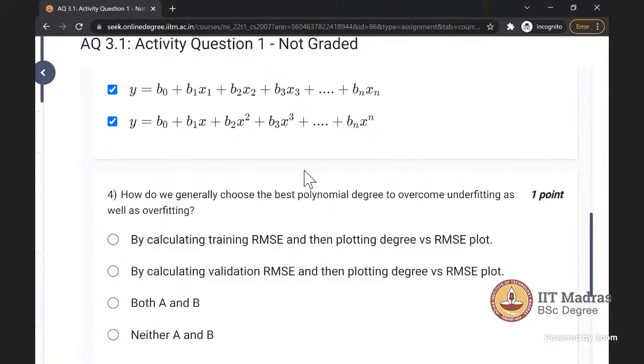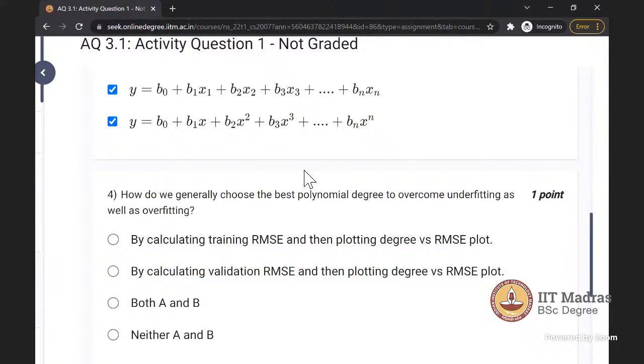Yeah, it's actually both of them. Then only we can compare. Exactly. Because if we keep increasing the degree, the training RMSE plot is going to decrease slowly. It will be a decreasing plot.